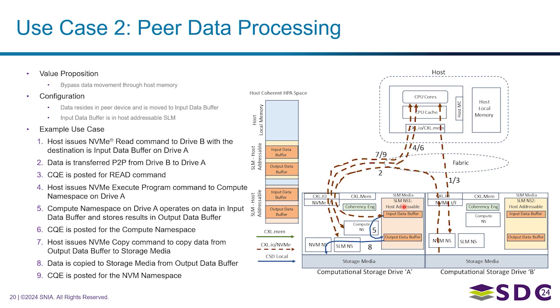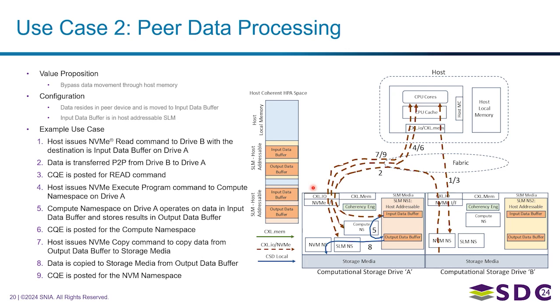And so you may say to yourself, well, why is this a computational storage drive? It doesn't need to be. Yeah, you're absolutely correct. I drew the picture intentionally this way for 2 reasons. First, I wanted to show an example where we did have 2 computational storage drives with different subsystem local memory namespaces that were each allocated a separate space in the host physical address space.